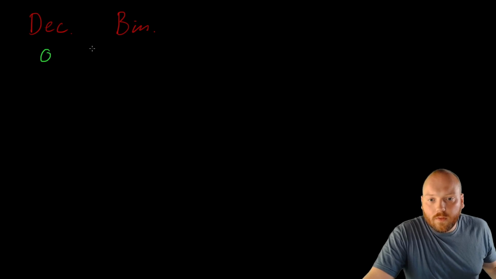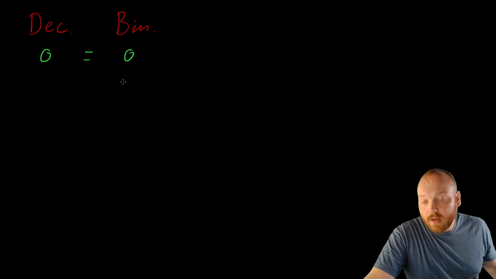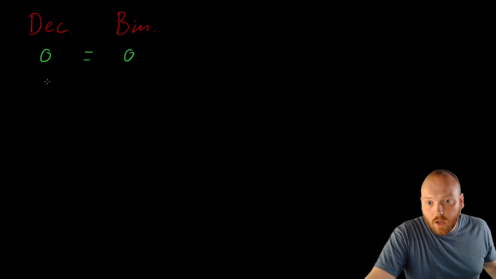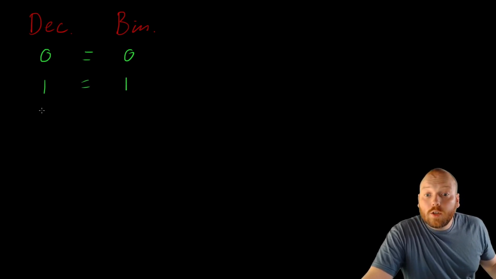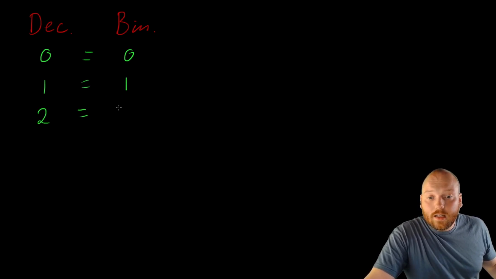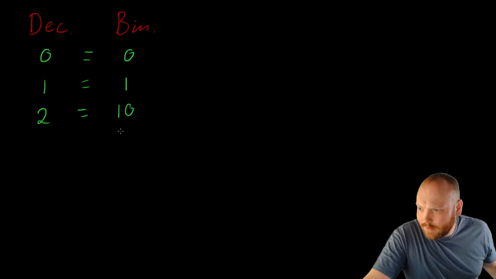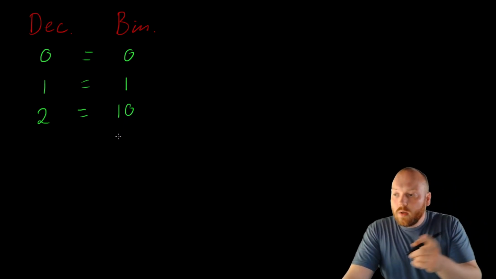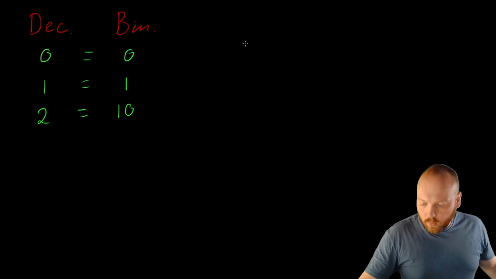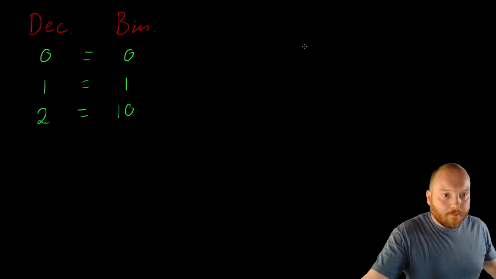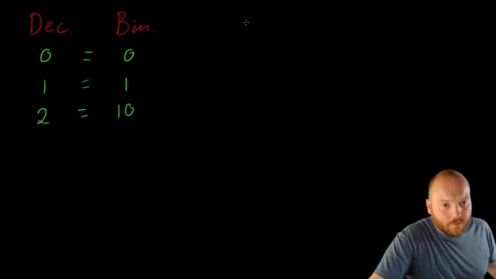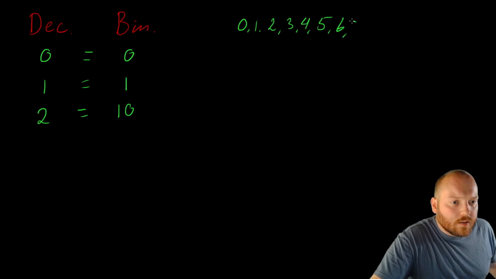That's it. So if we start with the number 0 here in decimal, that is 0 in binary. So far, so good. 1 is 1. 2 is 10. What? Why 10? Well, realize that with decimal numbers, you have 0, 1, 2, 3, 4, 5, 6, 7, 8, 9.